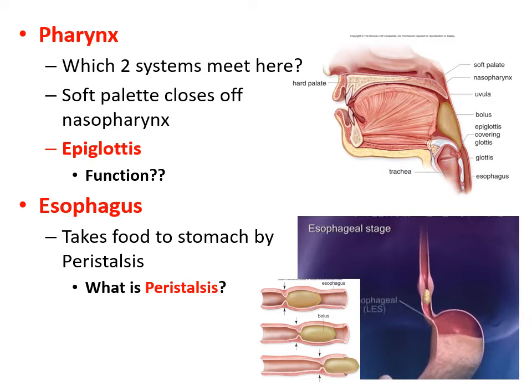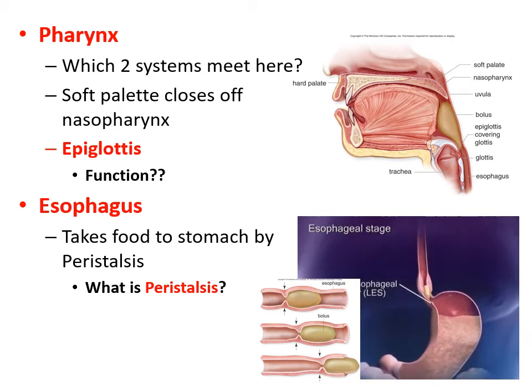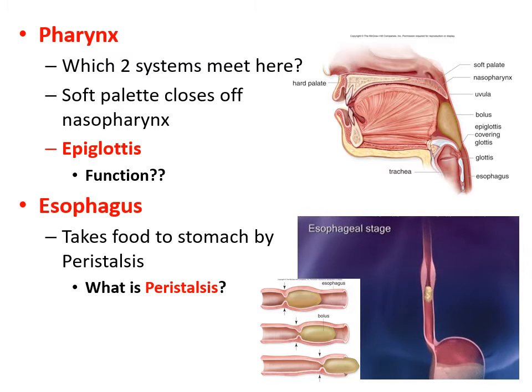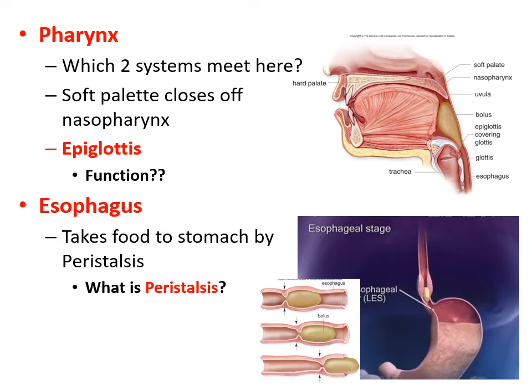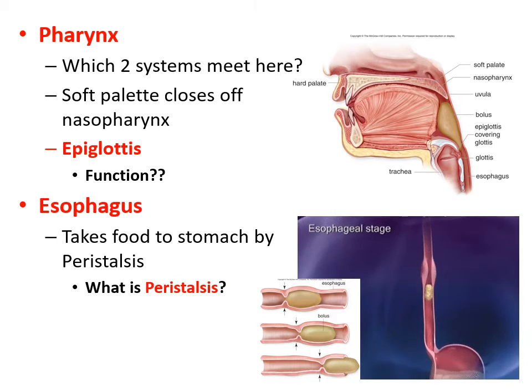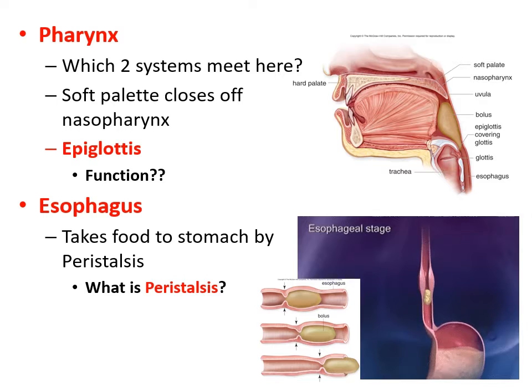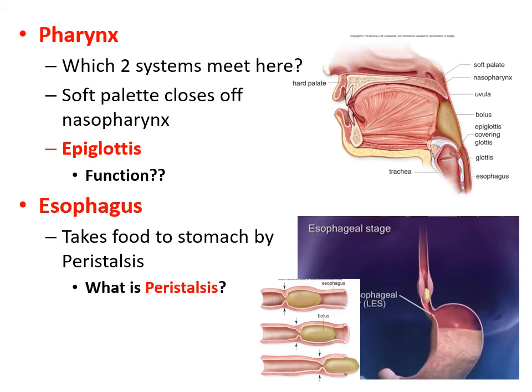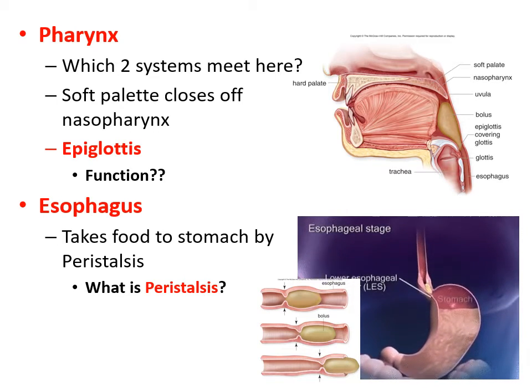After your mouth, food then hits the pharynx. And the pharynx is important because it's actually part of two different organ systems for you. It's part of your digestive system and your respiratory. So the digestive and respiratory passages meet at the pharynx.